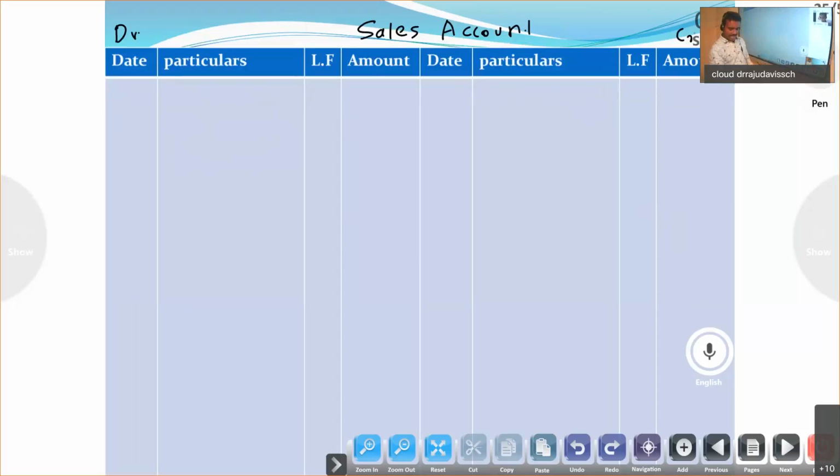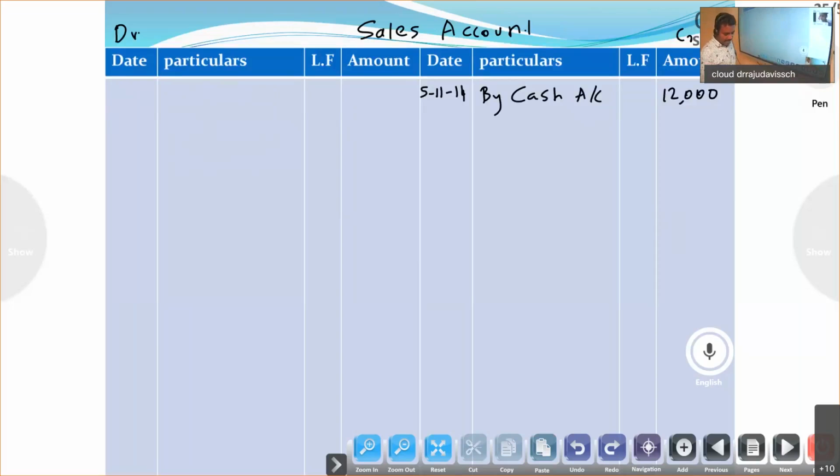So in that entry, sale is debit or credit? Yes, credit. 5, 11, 14 by cash. Opposite aspect, by cash 12,000.